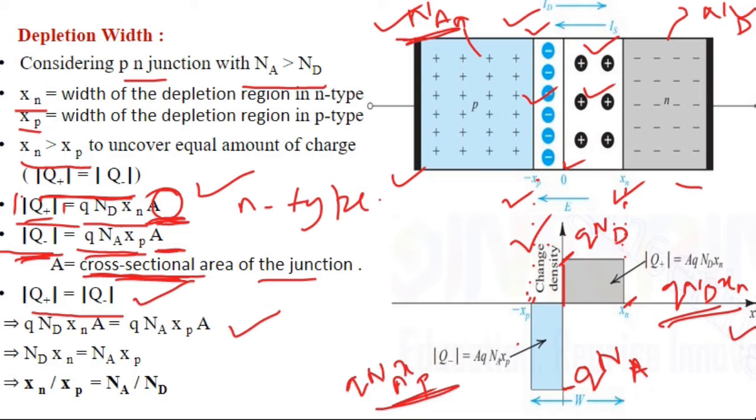You will cancel Q and A. You will get Nd Xn equal to Na Xp, or it is represented by a formula Xn by Xp will be equal to Na by Nd. So this is a quite simple equation simplification.